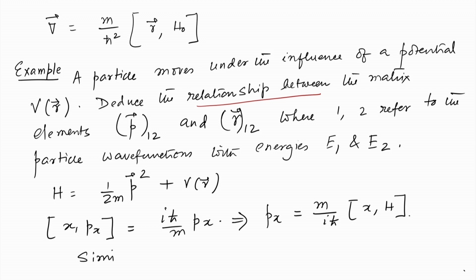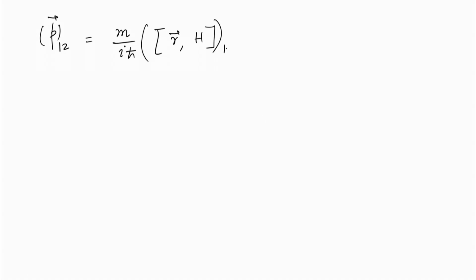Similarly for y and z components. So, P 1 2 vector, the matrix element of that, is m over i h cross R, H, and now 1 2 will have to be taken of this.